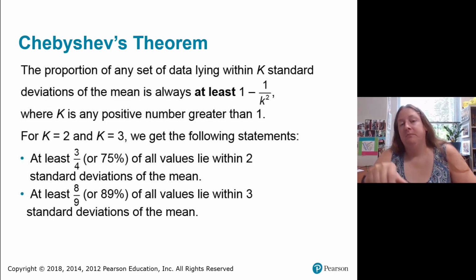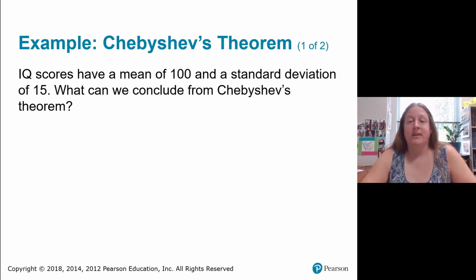If you know it's bell-shaped, then you can use that empirical rule from before. So for 3 standard deviations, we do 1 minus 1 over 3 squared, 1 minus 1/9, 8/9, or about 89% lie within 3 standard deviations, right? And we could keep on going up to 4, 5, 6, and so on.